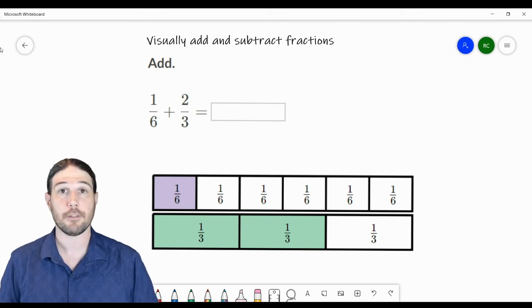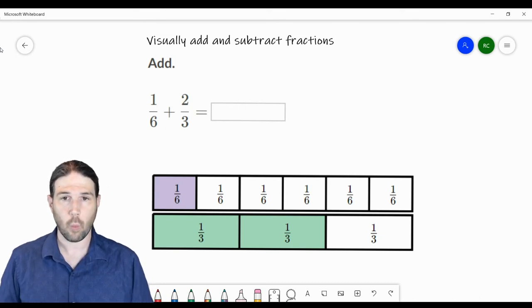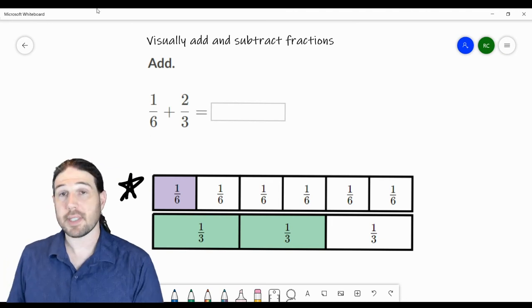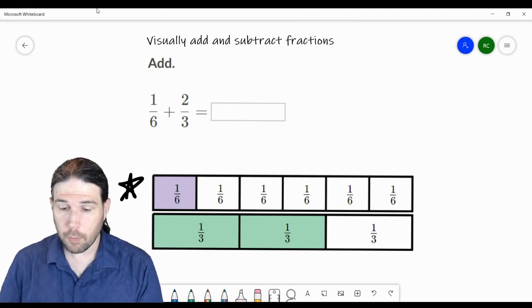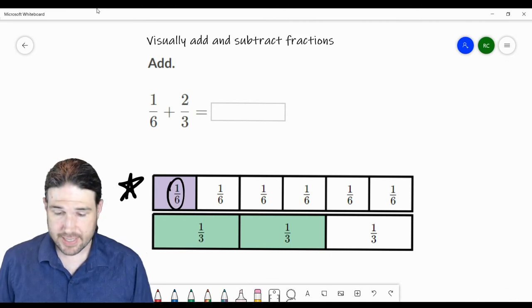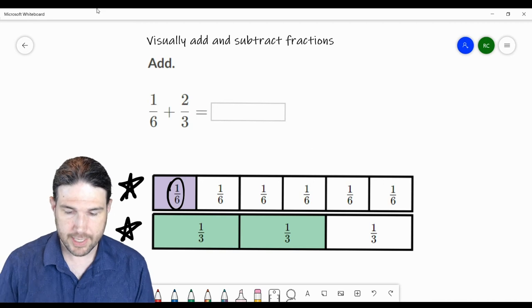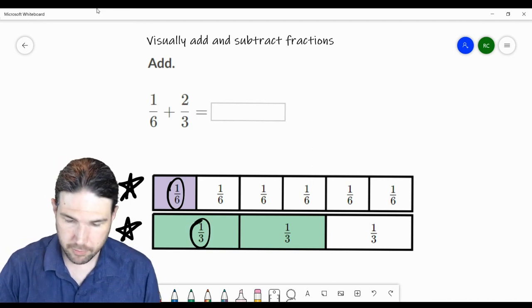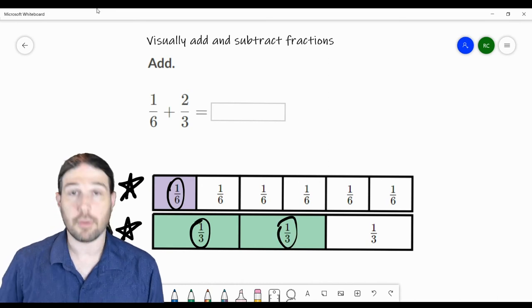So here's a problem that comes directly from Khan Academy off of the topic visually add and subtract fractions. All right, we've got 1/6, which is this rectangle right here. As you can see, it is divided into 6 equal pieces, and one of them is shaded, right? And then this second cake here, this second rectangle, has been cut into 3 pieces, and 2 of them have been shaded, thus 2/3.